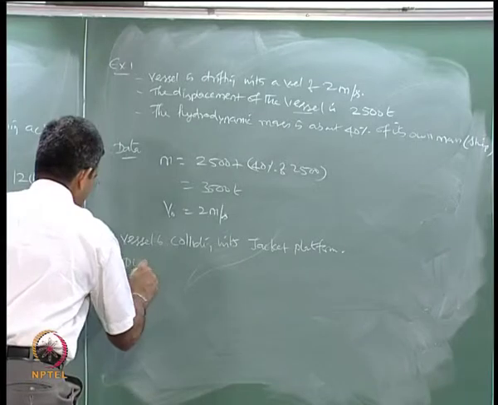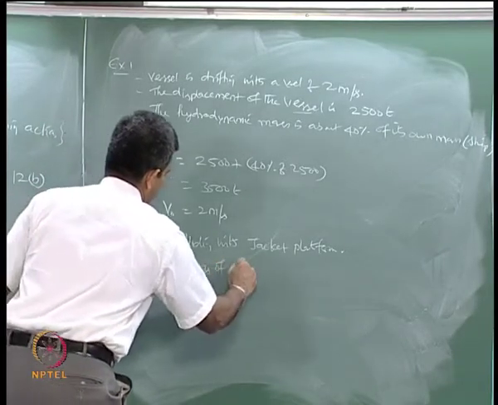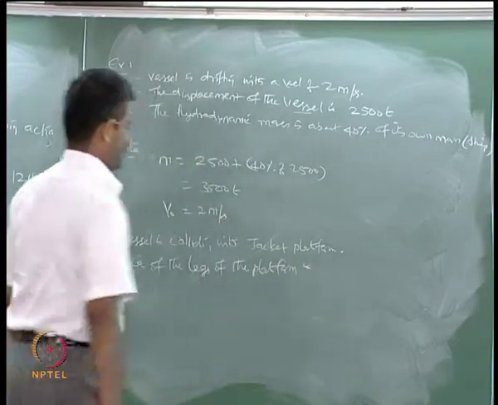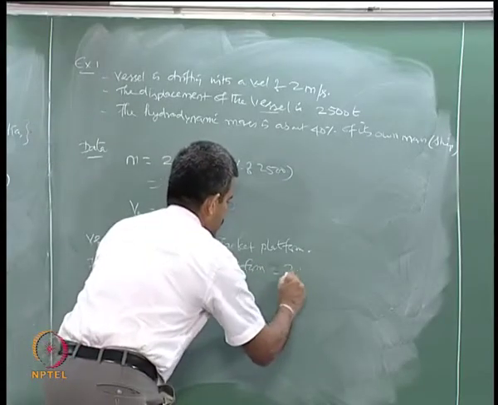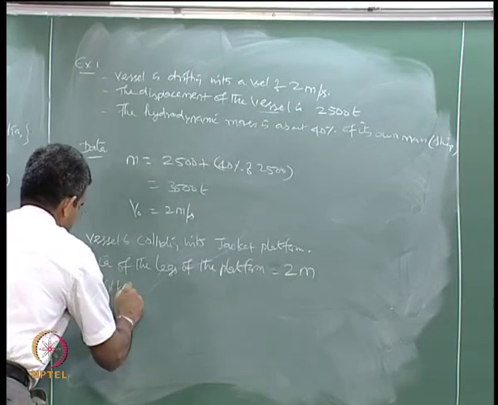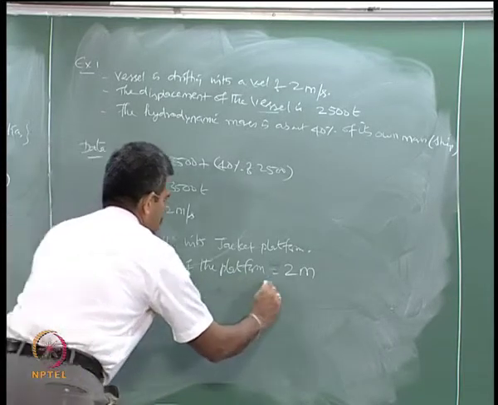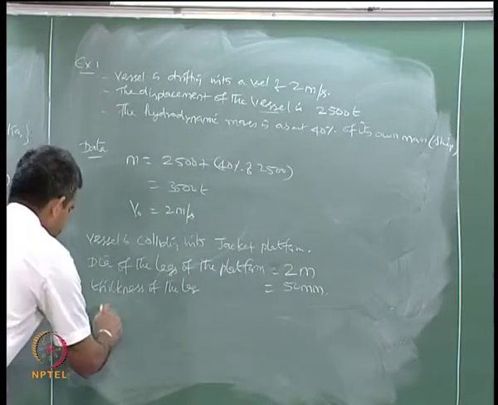The diameter of the legs of the platform is 2 meters. Thickness of the legs is 50 millimeter.